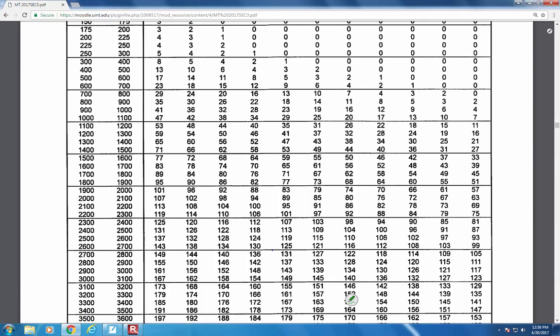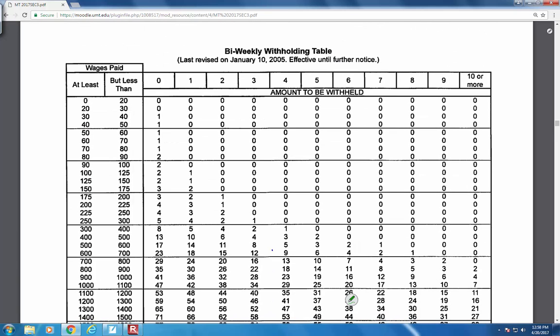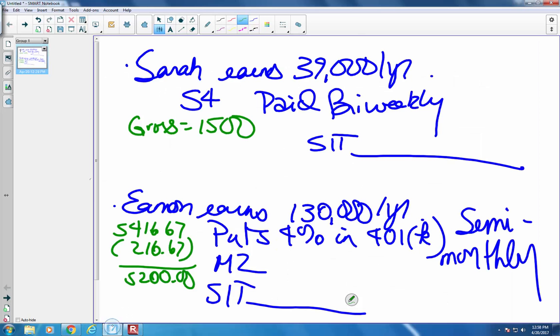Did you get 59? No, that's at least 1,400, but less than 15. That's what it says at the top: at least, but less than. So you've got to go to the one... what did we just say that was? 59?